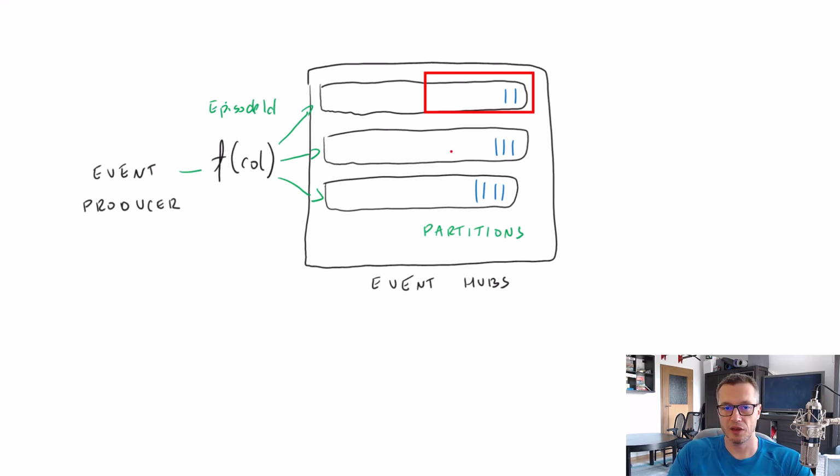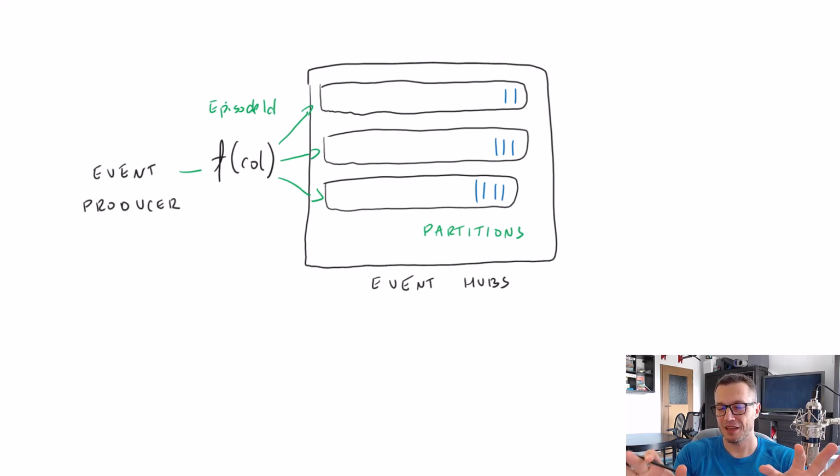Let's say events for episode 12 would be stored on this one. Events for episode 3 would be also here. And it's fine that multiple episodes would be stored on the same partition. What is important is that events for the same episode are guaranteed to be stored on the same partition, whichever it is. Again, the same concept that we had in case of dedicated SQL pools.